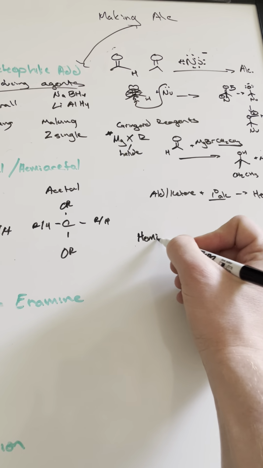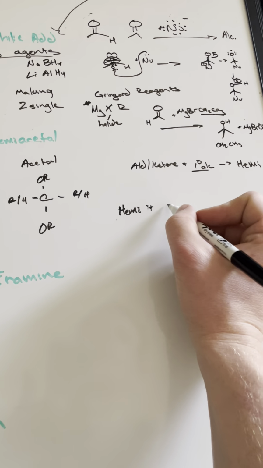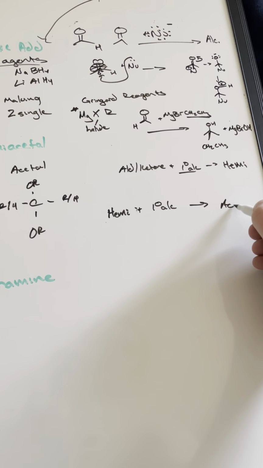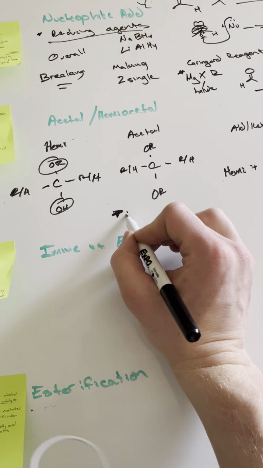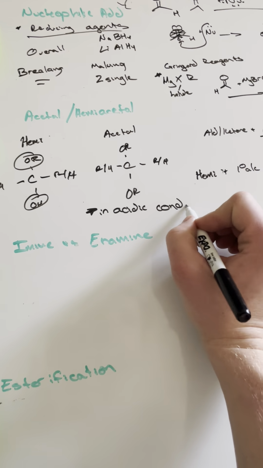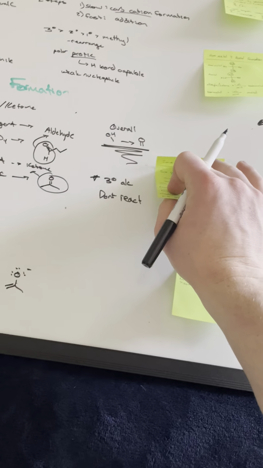But from this, you can take that same hemiacetal and react it with another primary alcohol, and this time you get an acetal. Oh, and this has to be done in acidic conditions. And yeah, coolio. We move on.